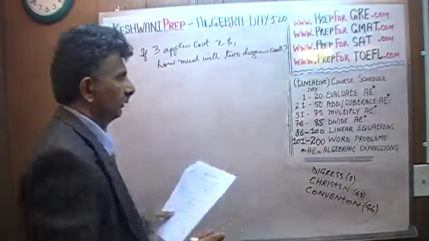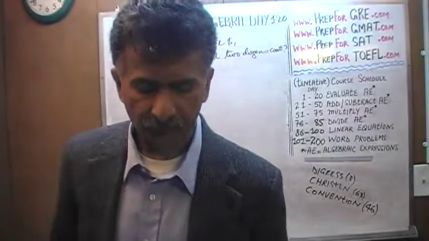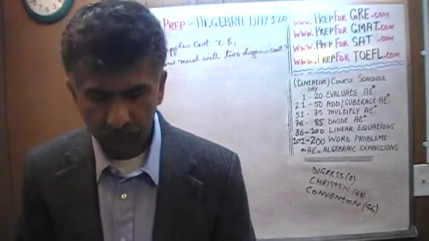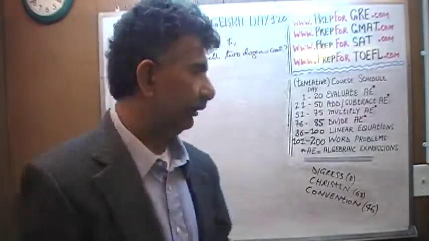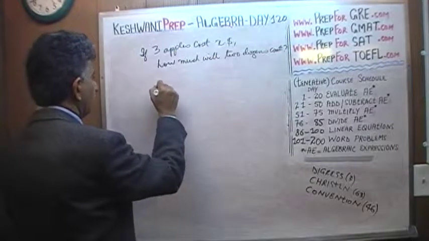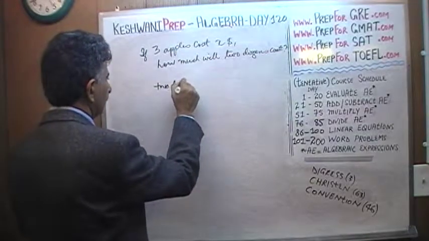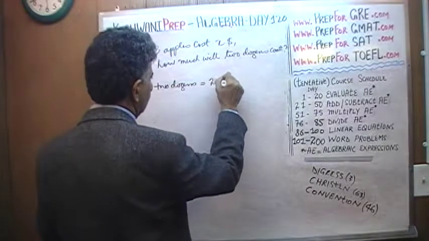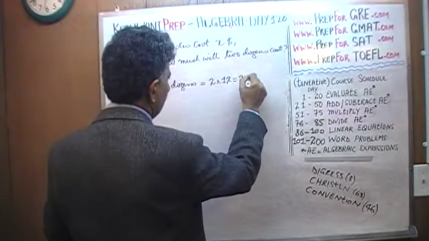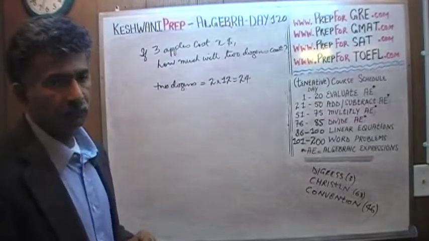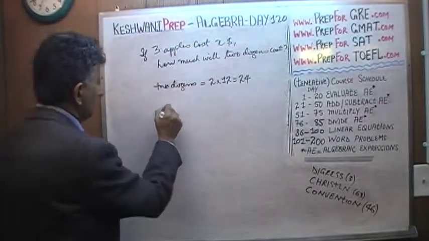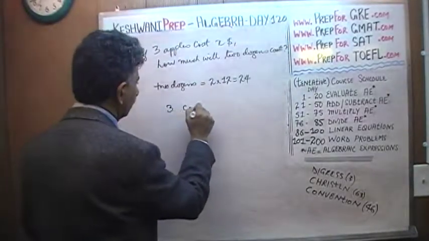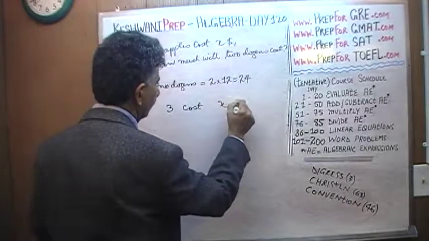Well, first of all, we have to realize that 2 dozens equals 2 times 12. So we are asked to find the value of 24 apples. We know that 3 of them cost X dollars.